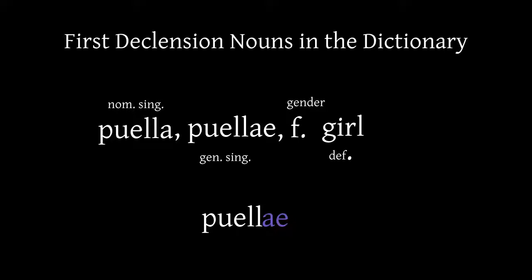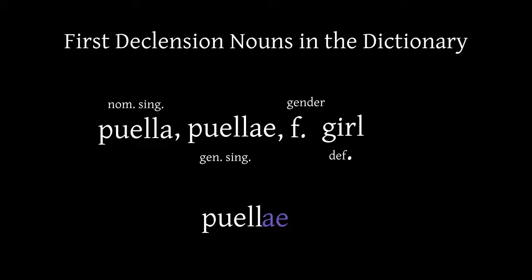So if you drop the genitive singular ending, you will find the true stem of a noun. So the genitive singular of a noun is the Rosetta Stone. It's the key to understanding what declension the noun is and how the rest of the forms decline.